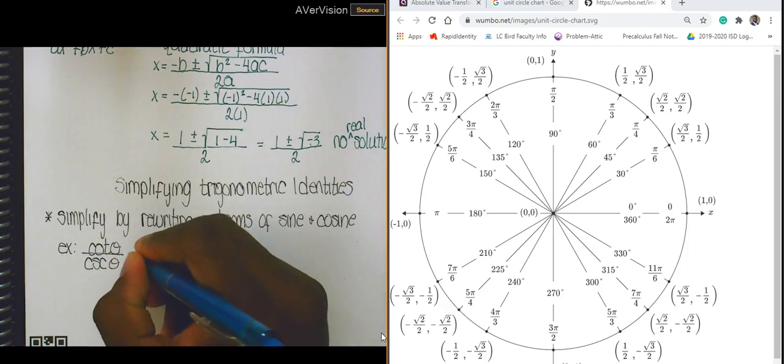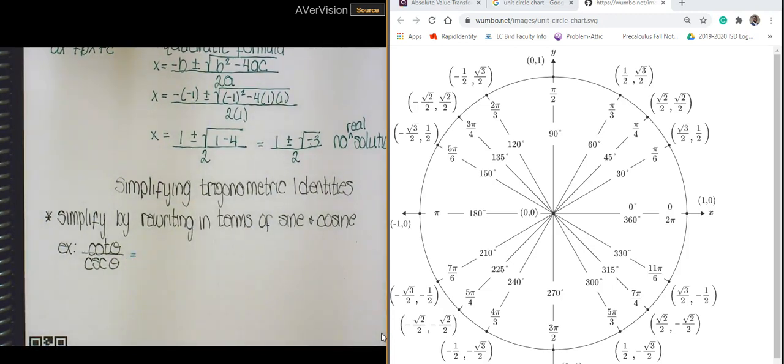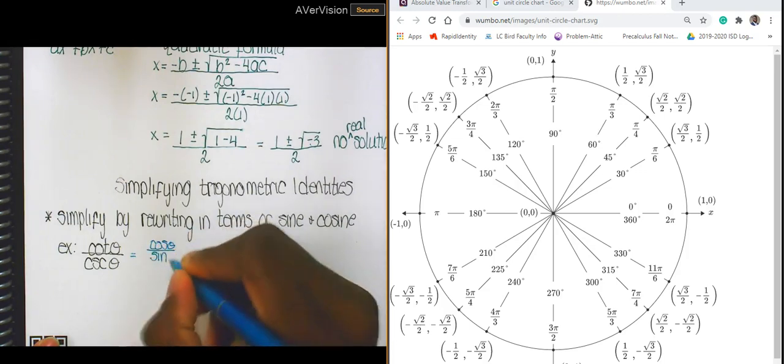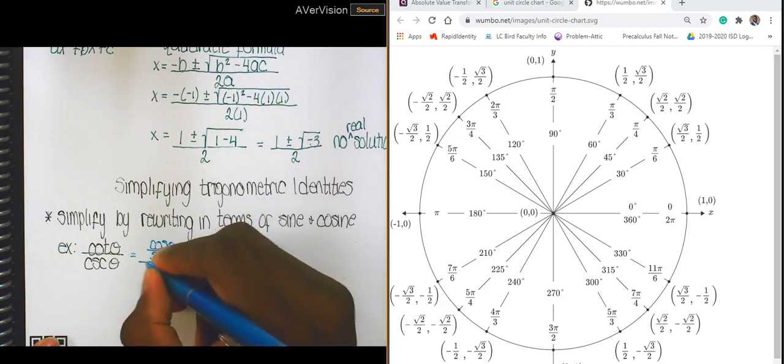How can we rewrite this in terms of sine and cosine? So cotangent is cosine over sine.